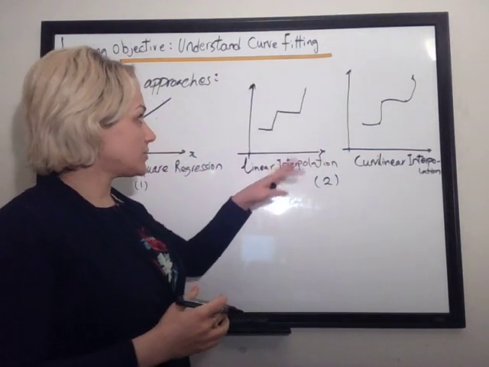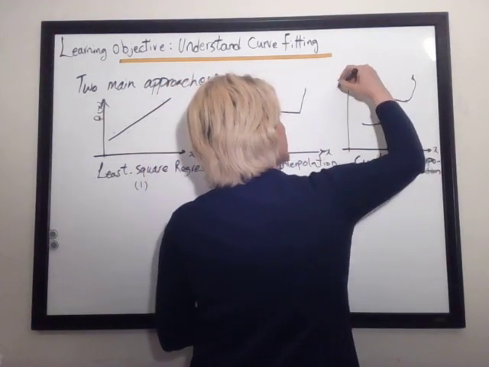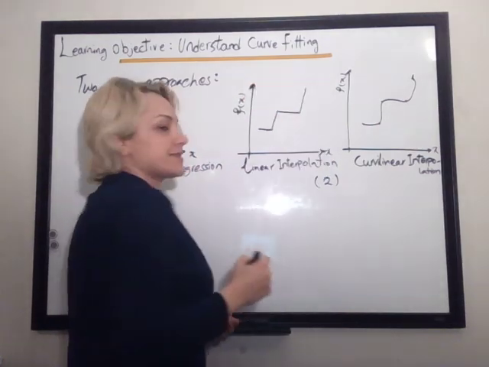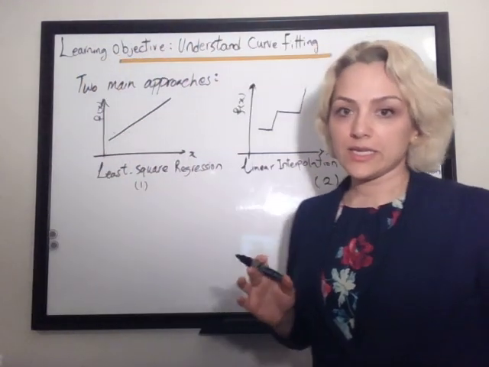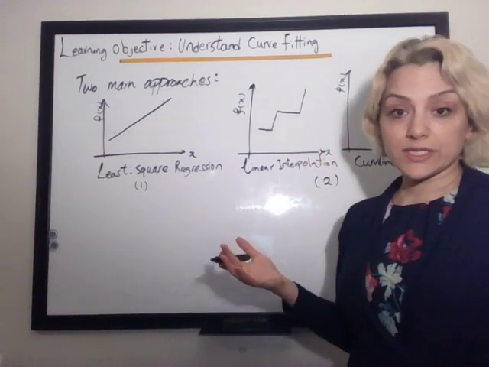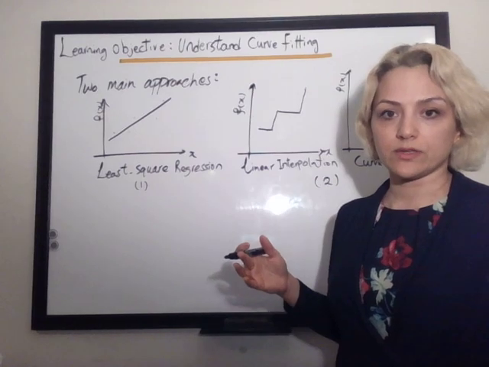So these are the two cases, and again these are x, and here is f of x, right? So these are the two main approaches that we have in curve fitting, which, as I said, we are going to learn about in separate videos.